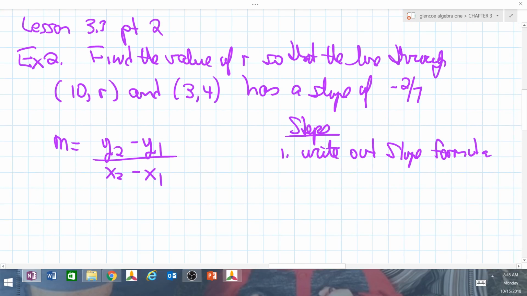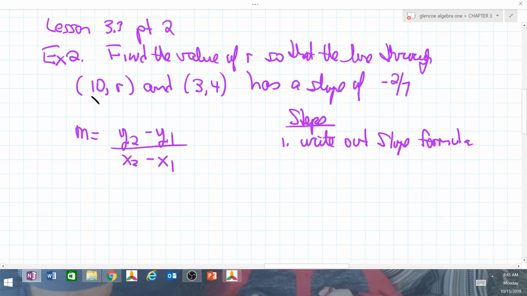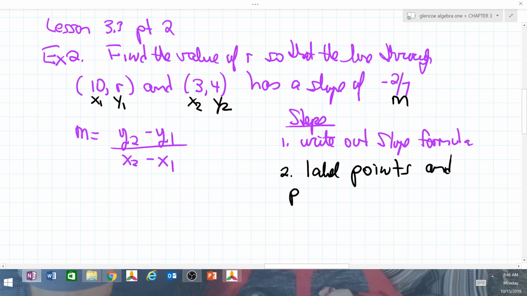Let's just go ahead and label our points. So this would be x1, this would be y1, this would be x2, this would be y2, and this is our slope. So we label our points and we plug everything we know into the slope formula.